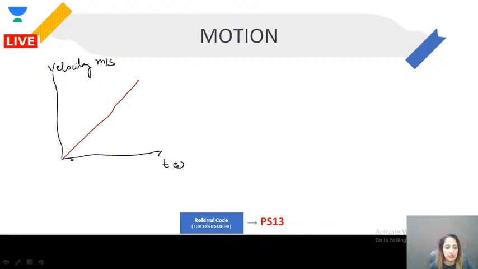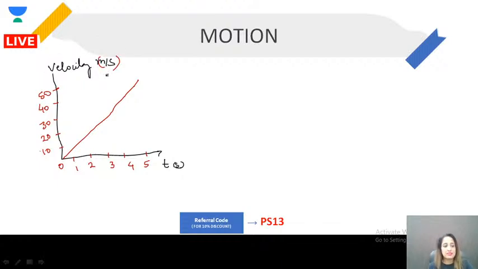At every point, its velocity is changing. That's 0, 1, 2, 3, 4, and 5, and so on. And on this side, its velocity is changing: 10, then we have 20, then 30, 40, 50, and this is in meter per second.